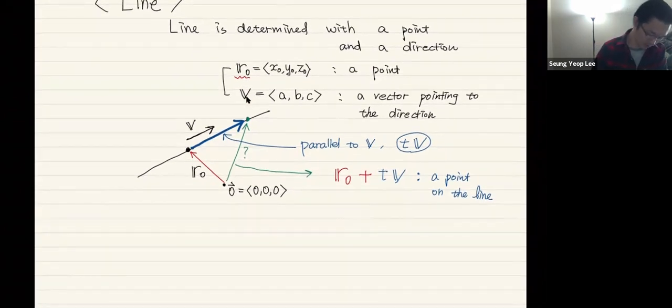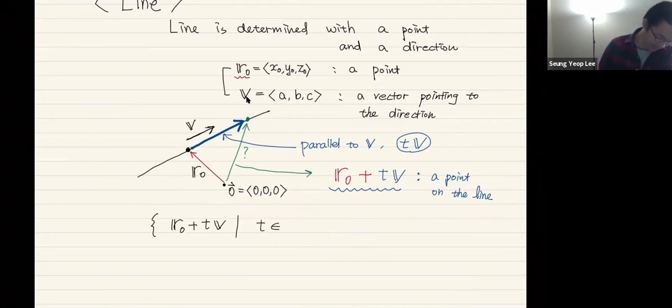Okay, so this is a point on the line, and this is for any t, which means if I collect all such vectors, now I want black, all this thing for any t, where t can be any real number.